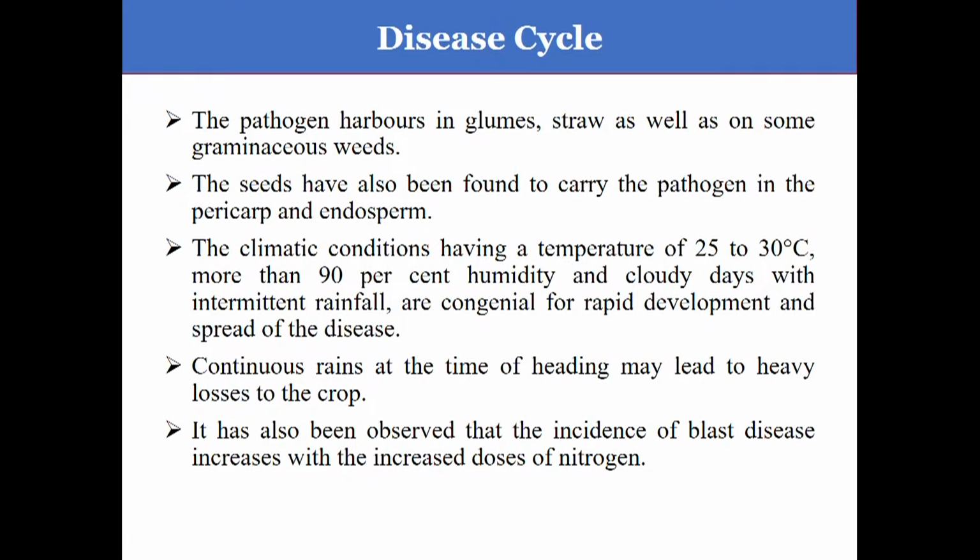A temperature of about 25 to 30 degrees centigrade and more than 90% relative humidity are responsible for spreading the disease, and cloudy days with intermittent rainfall increase the disease severity. Continuous rainfall with time-to-time heating may lead to heavy losses of the crop.